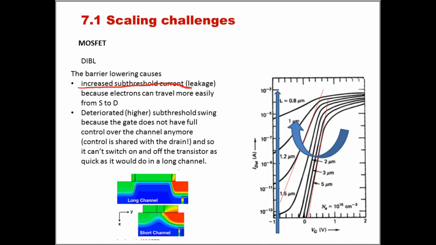So when we shrink the device, we should expect that the subthreshold current increases, especially the current down here, for example, that is represented in this diagram, that indicates the current that we would get when the transistor is completely off. Okay, when the MOS stack is in accumulation. So as you can see, this current, as we shrink the transistor, the channel moves upward.